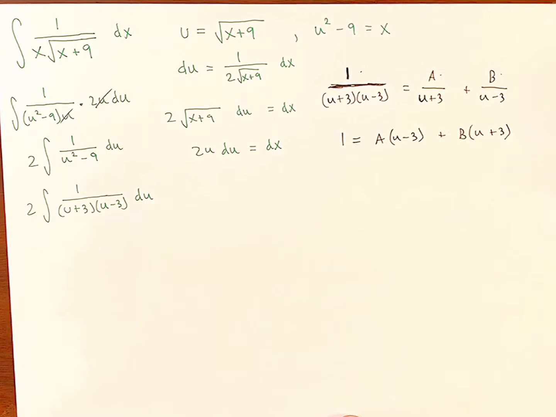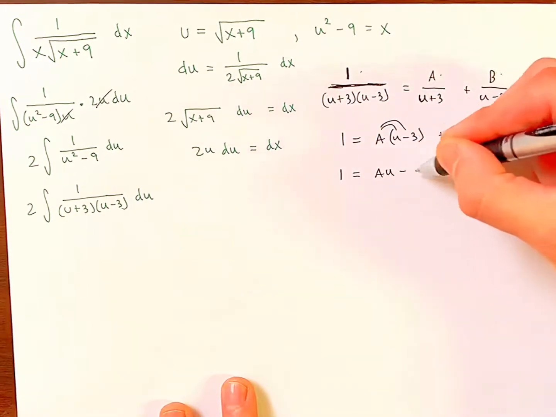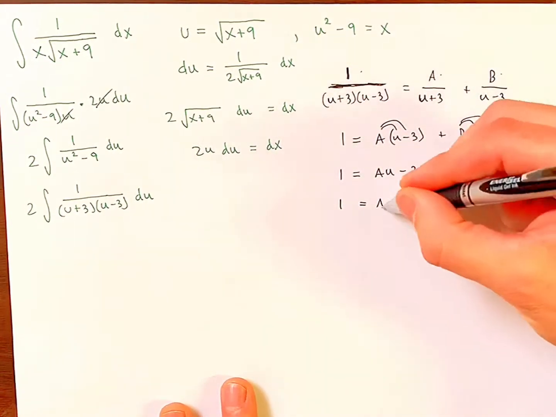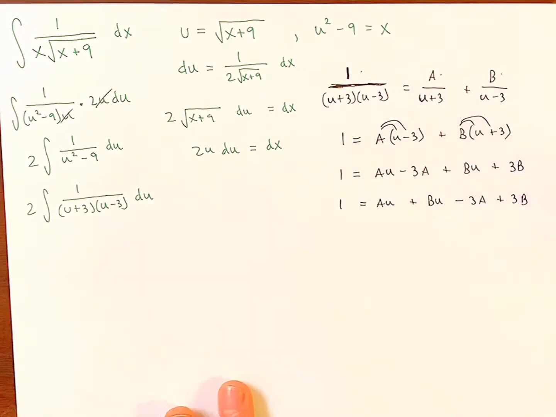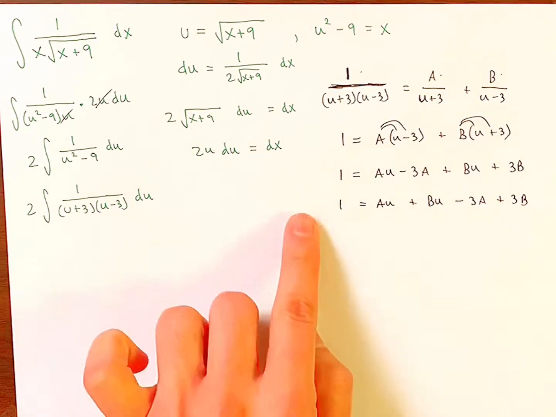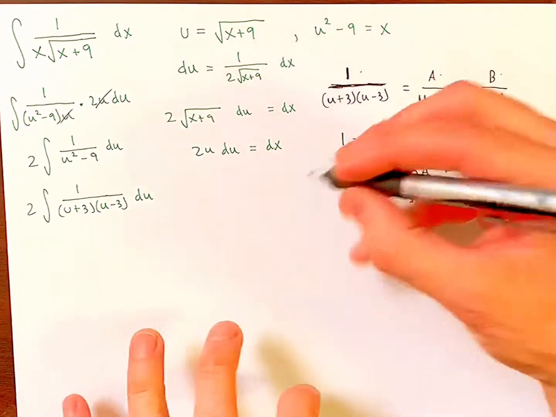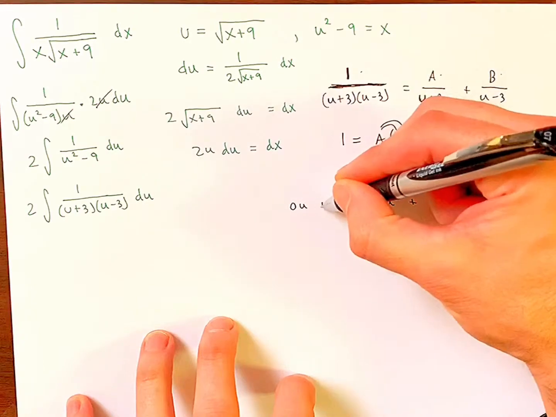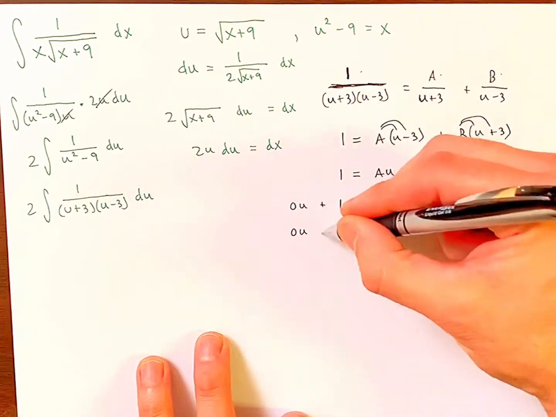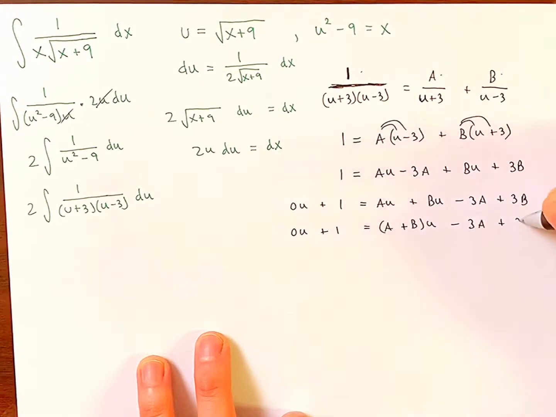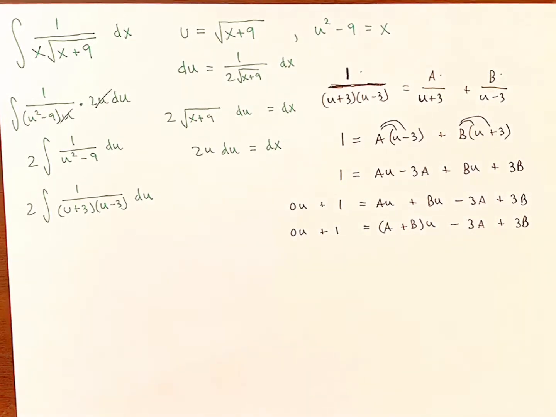What we can do here is distribute the a's and then shuffle some pieces around. And what we can also do is on this side, we can introduce a 0u term. Because now we can create a system of equations.